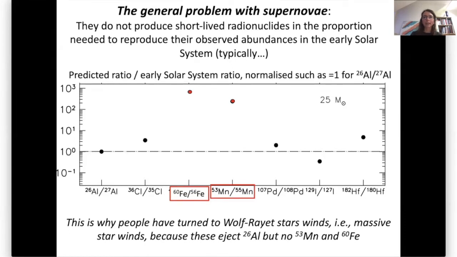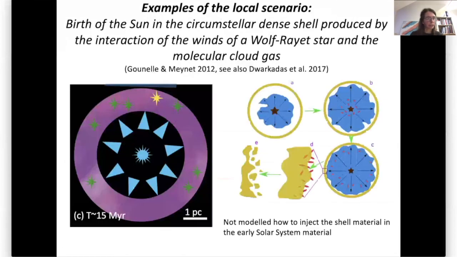These winds can eject aluminum-26, and they absolutely don't eject manganese-53 and iron-60. So they are ideal to solve this problem. And so people have looked also in the local scenario at this type of winds, and they have imagined a scenario where the sun was born. This is on the left side, a very simple schematic image.